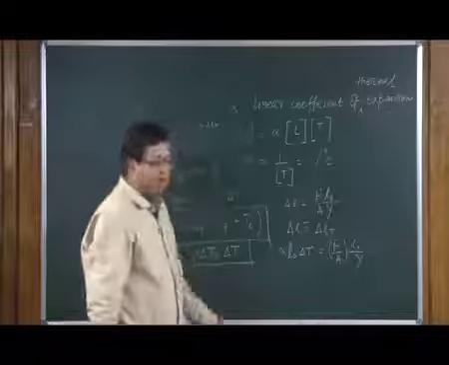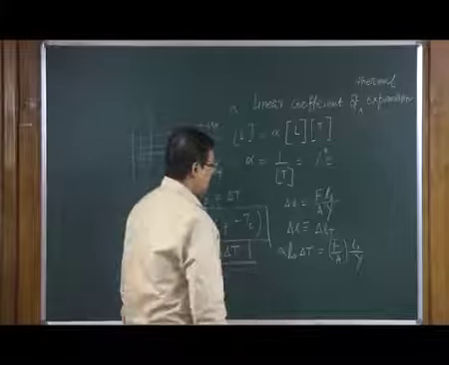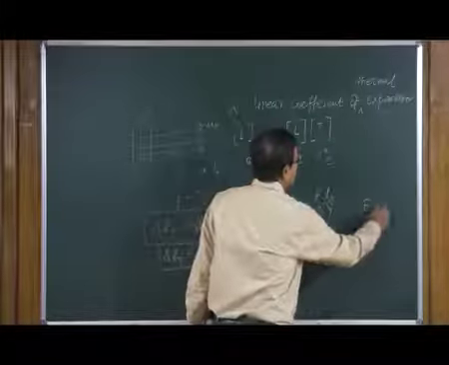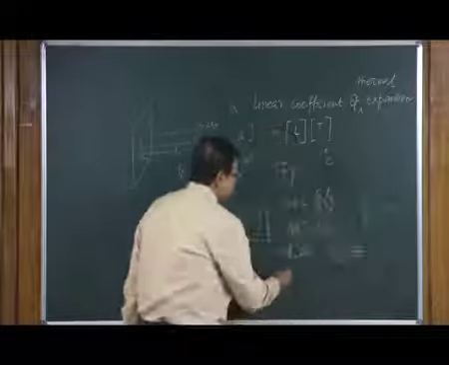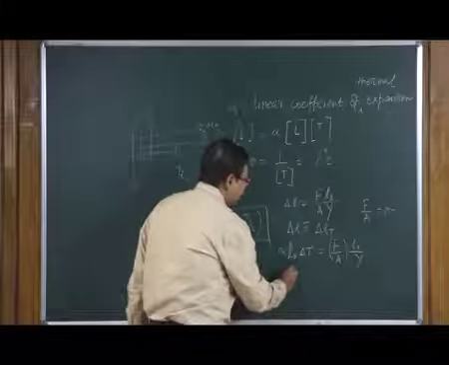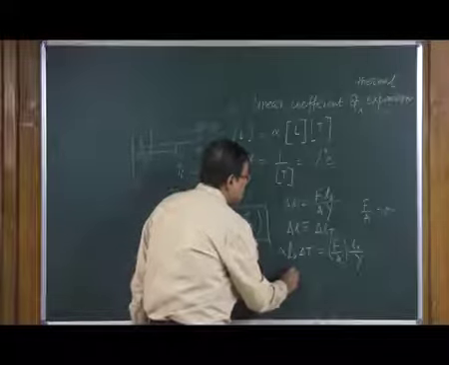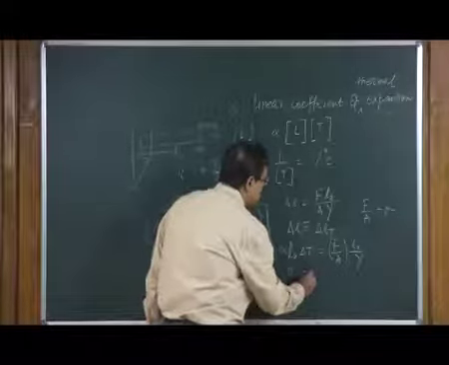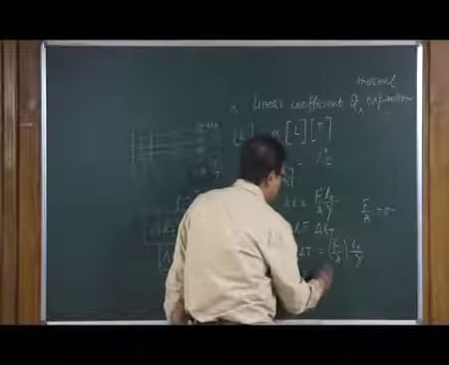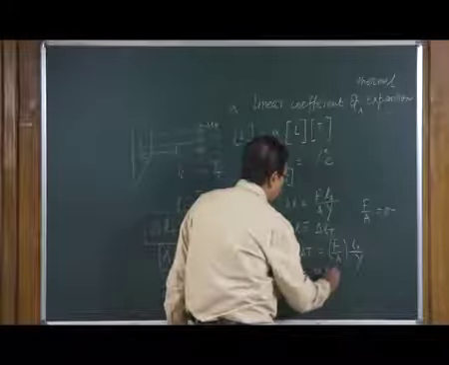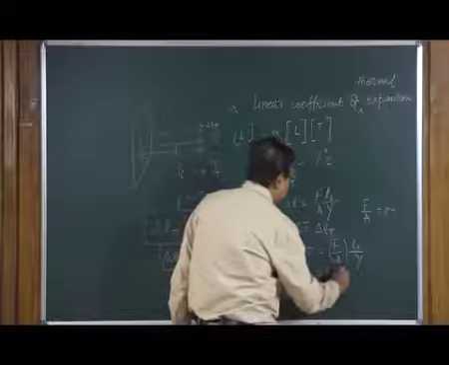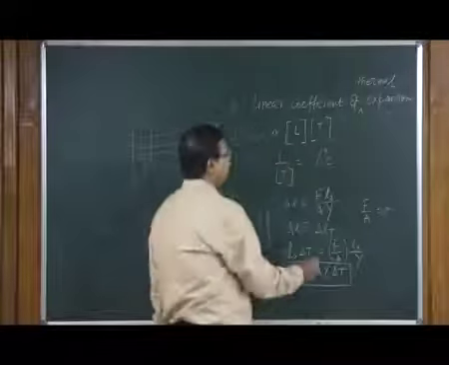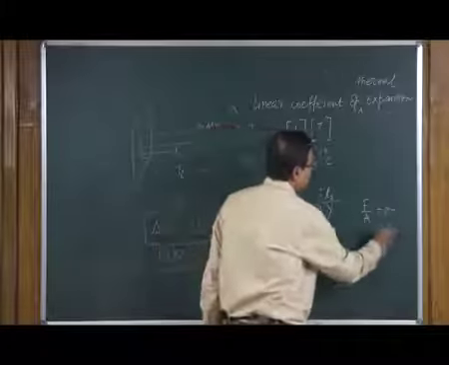Clearly, L0 will cancel from both sides, and we can write F over A as sigma, so sigma can be written as alpha y delta T, and sigma is known as thermal stress.